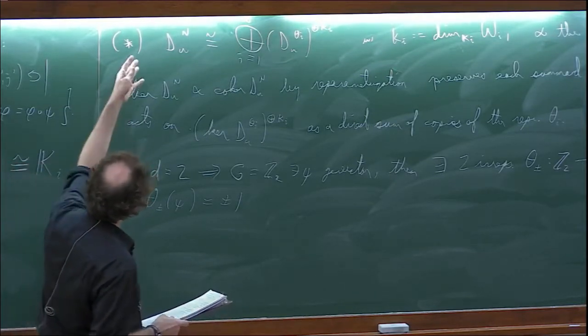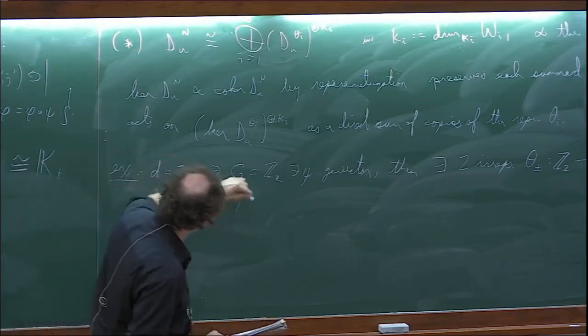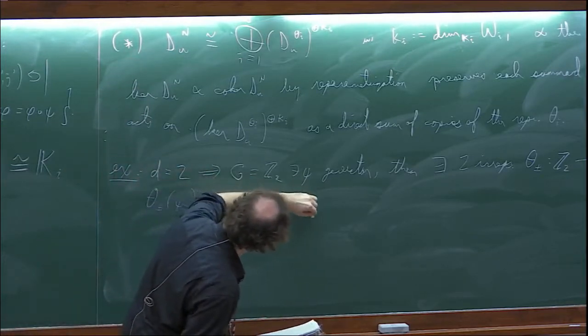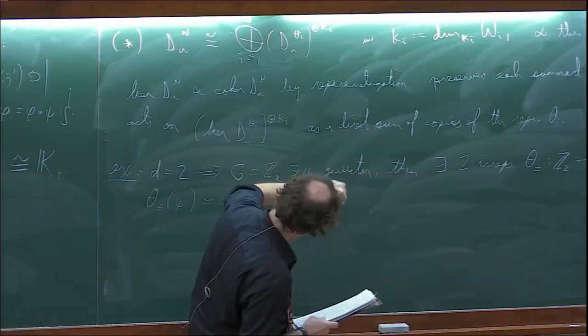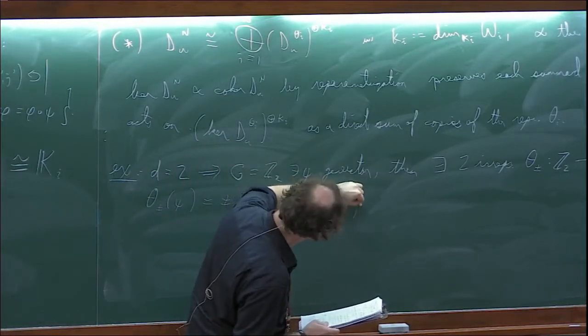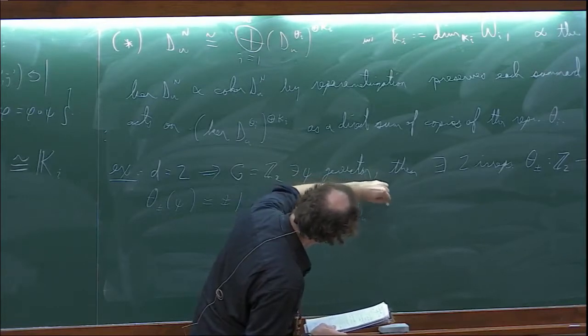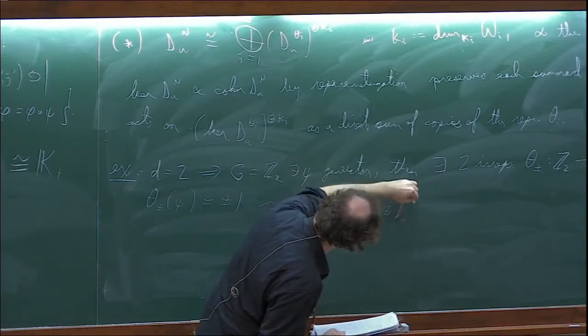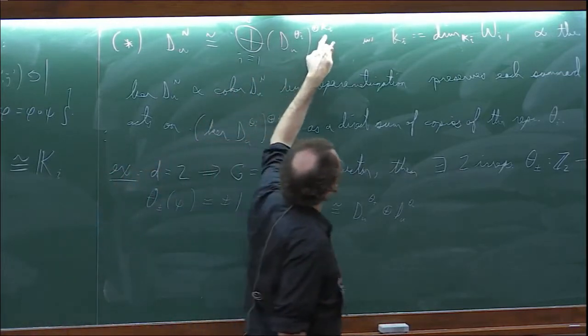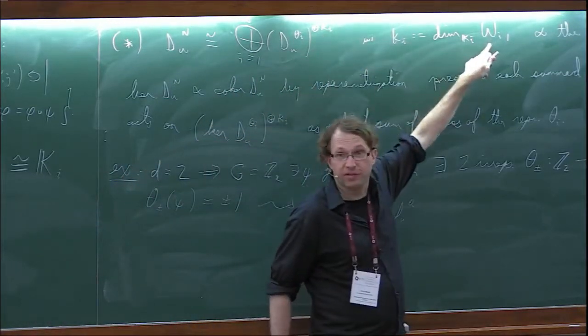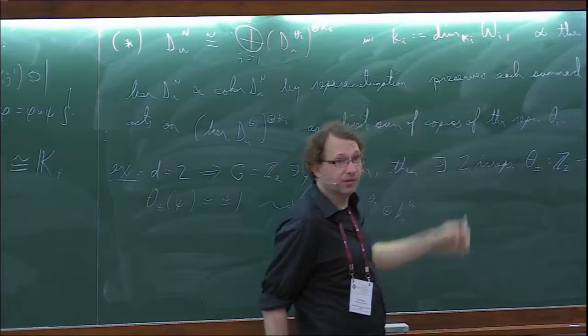So, according to my proposition up here, this gives us a splitting of the normal operator for a double cover as two pieces, du theta plus plus du theta minus, and they're not repeated. These ki's are just the real dimension of the representation space, which is 1 in this case.